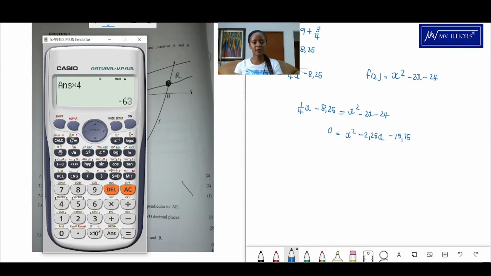Okay, maybe I'm complicating life, but I want to multiply everything by 4. So I have -63, and if I say 2.25 times 4, I want whole numbers. I know you guys like the quadratic formula, and it's actually a great idea to use it, but I just prefer this method. So what do we have here? We have x squared minus 9x minus 63. So I know I'll have x here and x there. Now what are the factors of 63? I have 1 and 63.